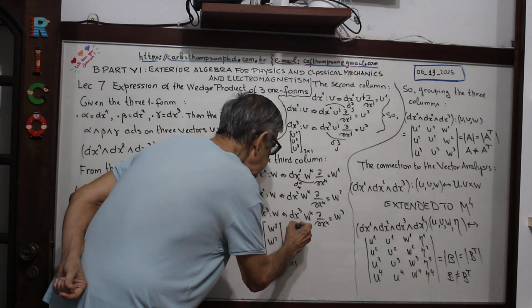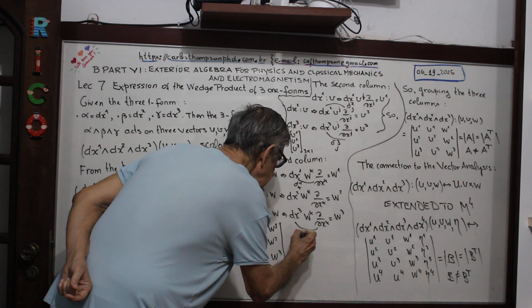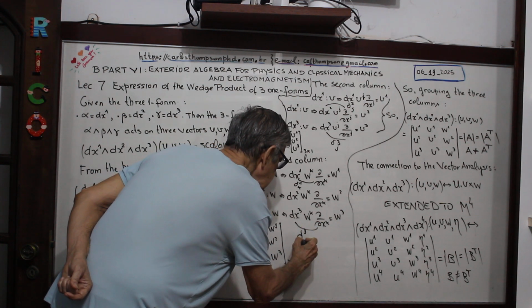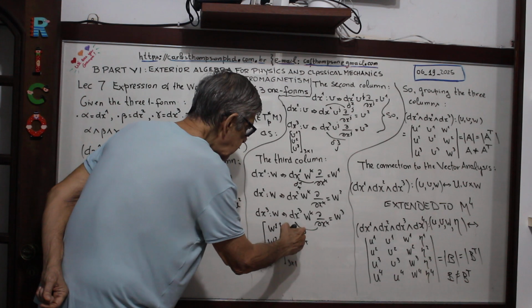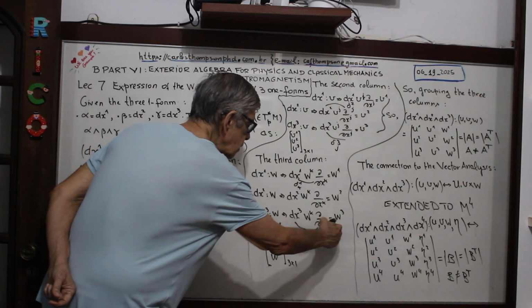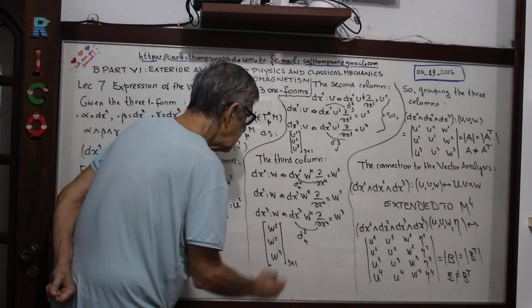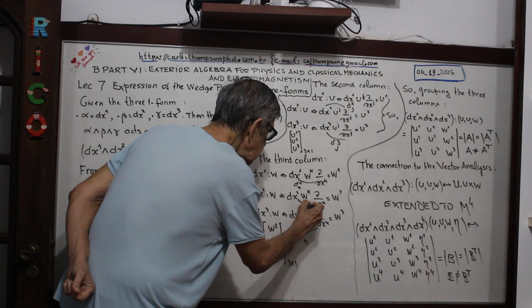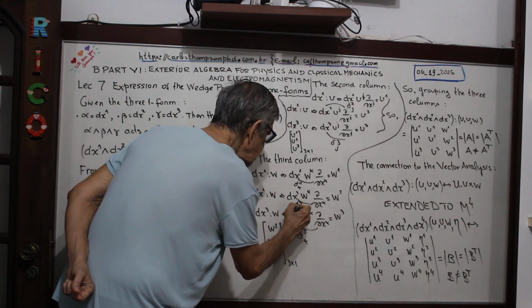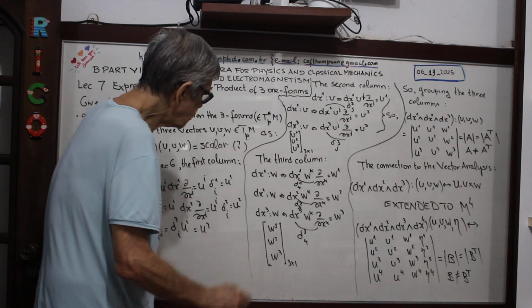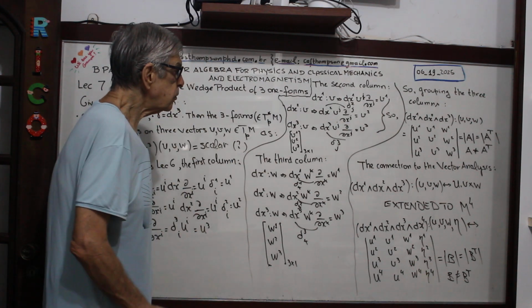And this over here is delta 3k. Delta 3k acts on w^k, this gives w3. You see? Likewise, this one here is delta 2k. It's quite easy, you see?